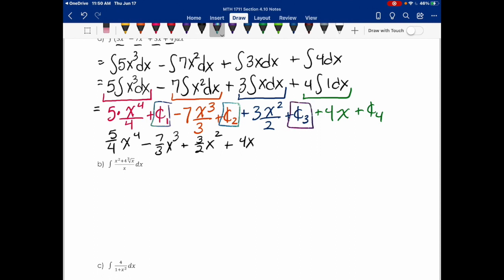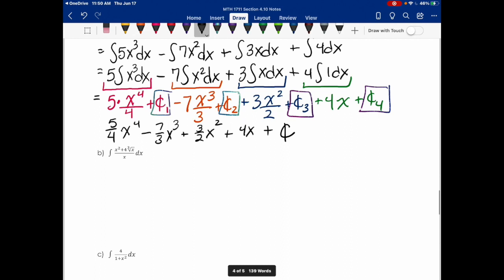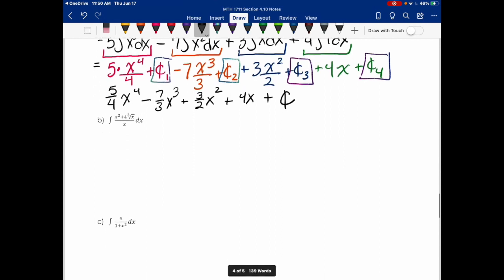Now, when you deal with all these constants here, when I add those all up, I'm still going to have some arbitrary constant. So I'm just going to add those together and just call that c.